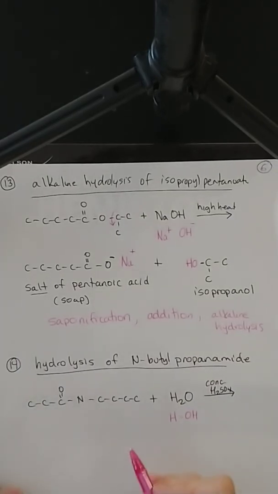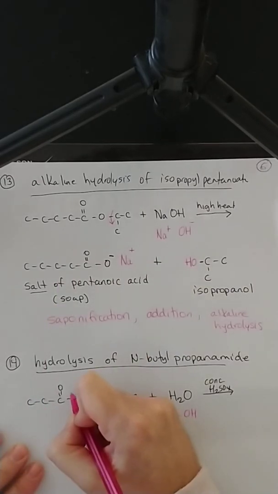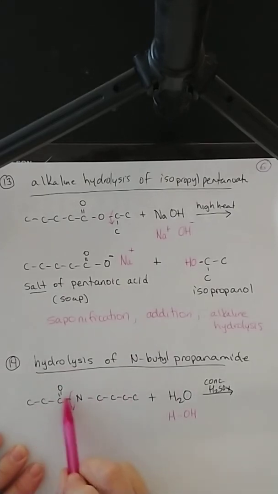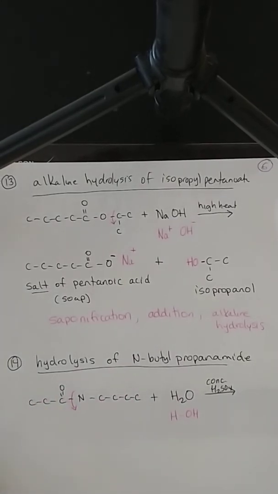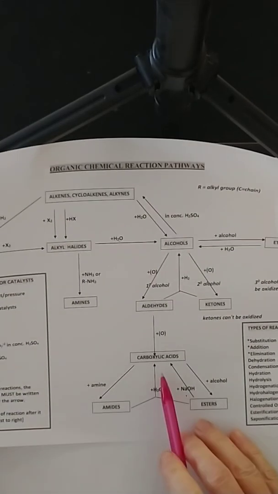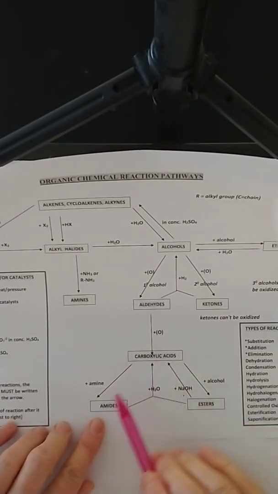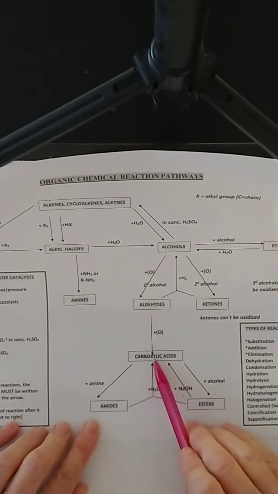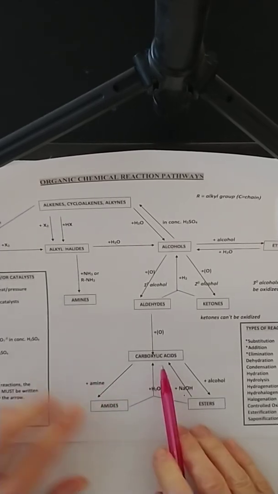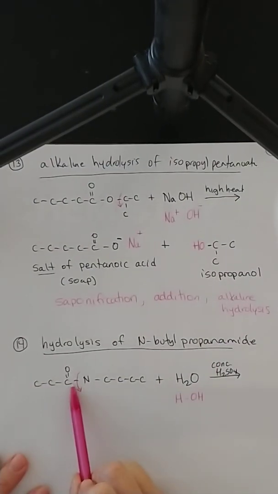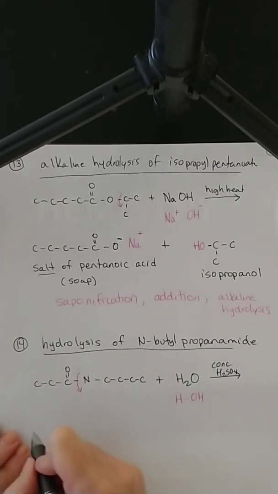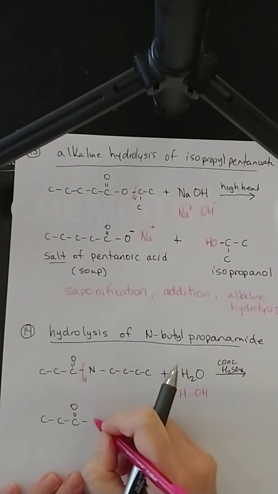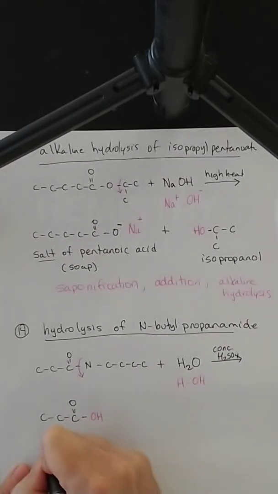So what we're going to do now, which is a little bit different, is we need to cut here because we need to make an amine and we need to make an acid. Here's why. Because to make an amide, you need an acid and an amine. Well, when you break an amide, you create an acid and an amine. So that's why you have to break the bond in here. Now on the other side, we're going to put the OH from the water here, and so now we have propanoic acid.